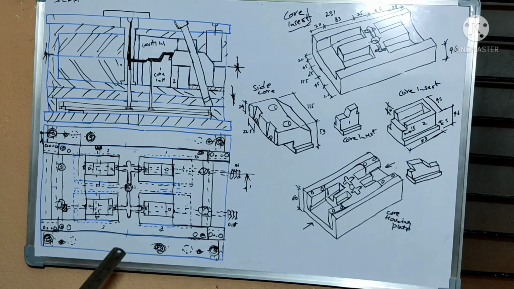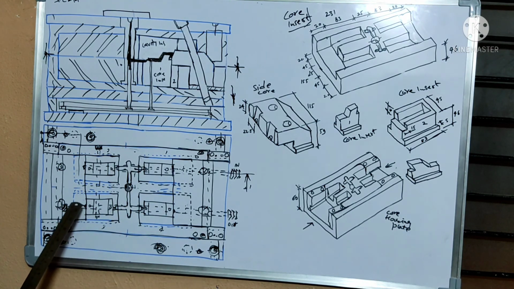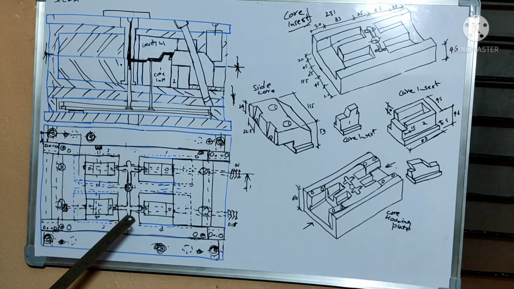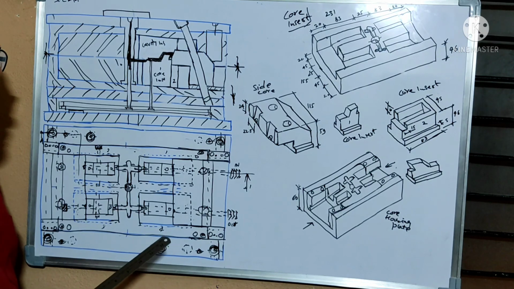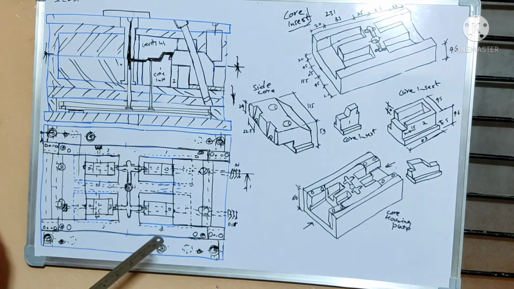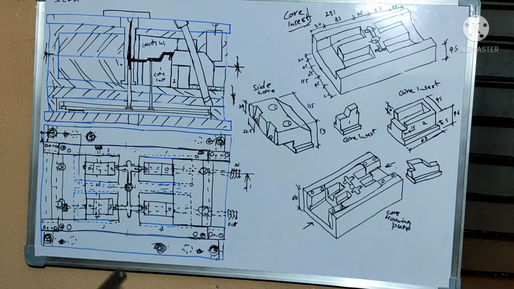You are observing, this is the final referential sketch for the given component. By this you are able to draw the design of the given component 1:1.